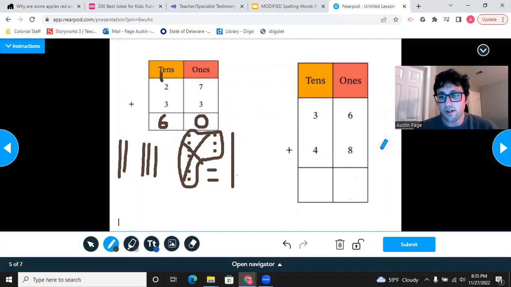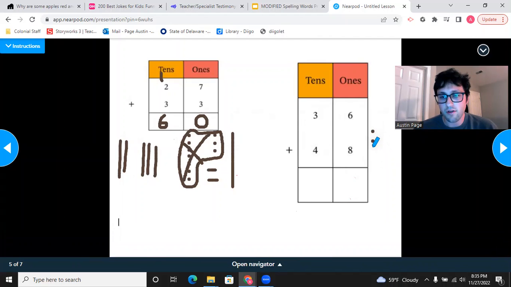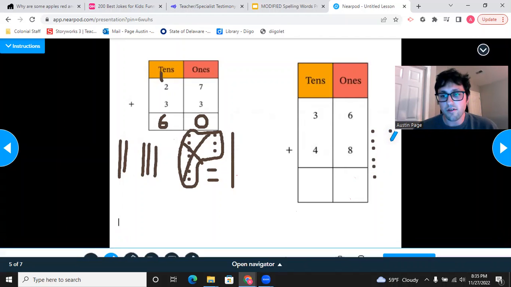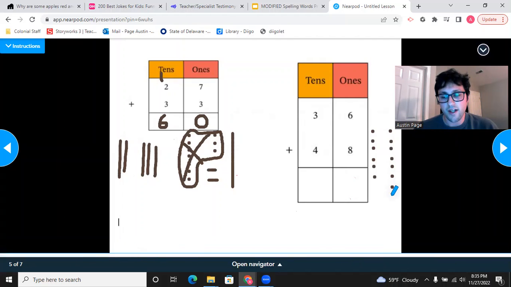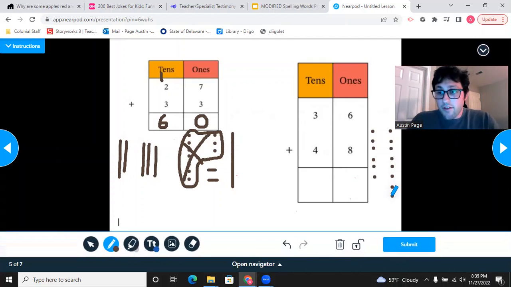So I'm going to draw it right over here. 1, 2, 3, 4, 5, 6, and then 8, 1, 2, 3, 4, 5, 6, 7, 8. When I have this many, it looks like I have plenty more than 10. I need to first count up if I have 10 so I can see if I can regroup them in this problem. So here's 6 right here. 7, 8, 9, 10.